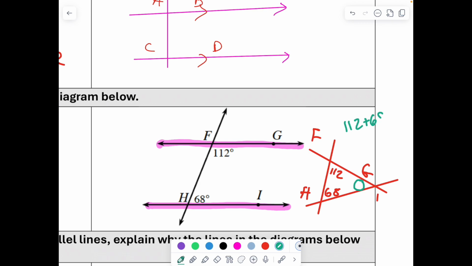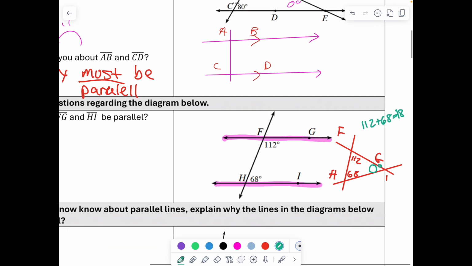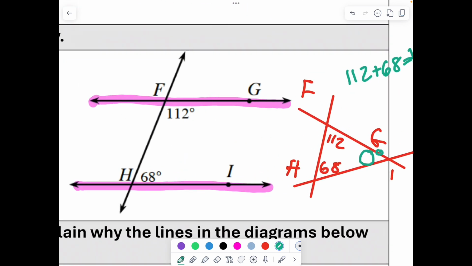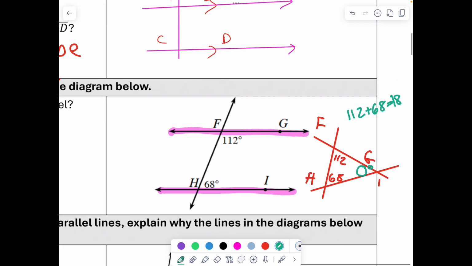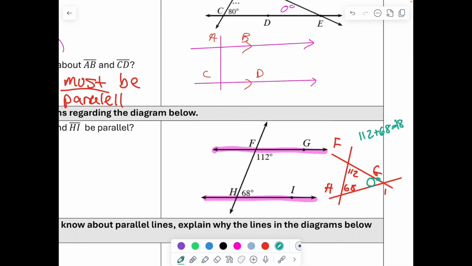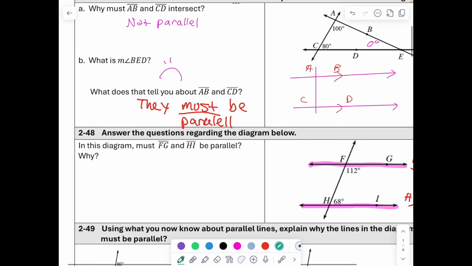112 plus 68 is 180 degrees. So is there any degrees left for this angle? No, there's not. This is a 0 degree angle, which is not possible. So if these were not parallel, you'd make a 0 degree angle, which is not possible. Therefore, these two lines must be parallel.